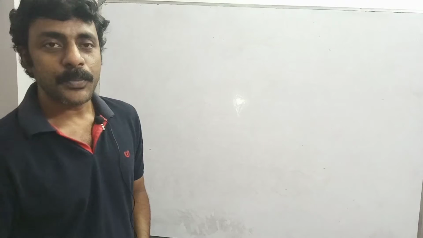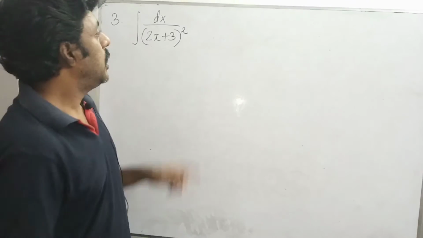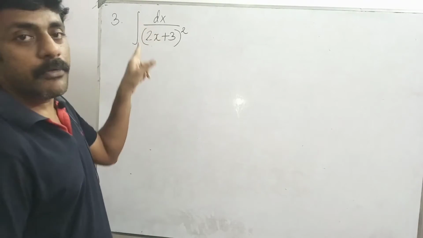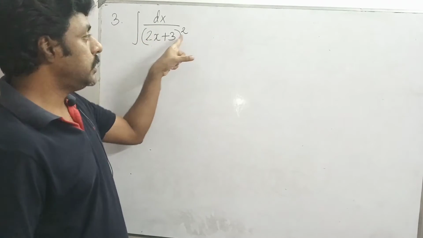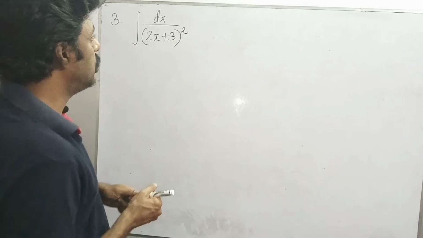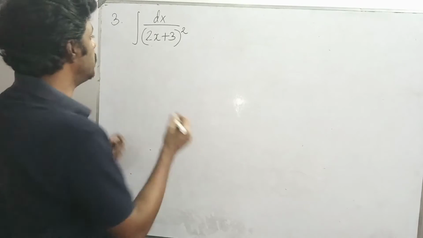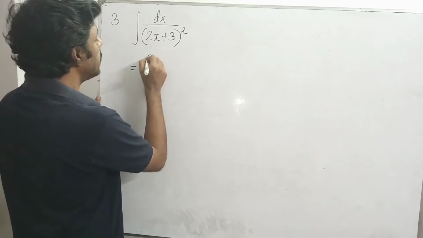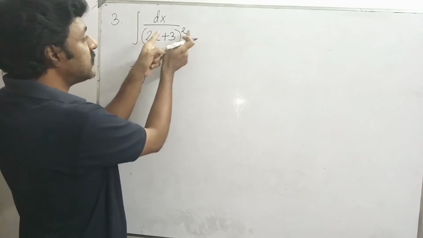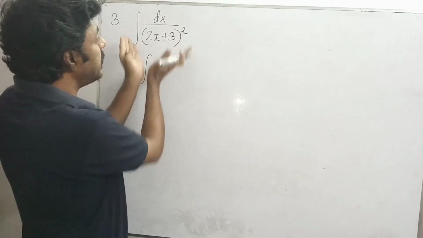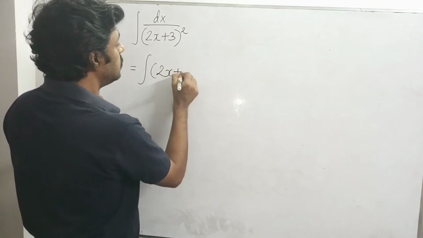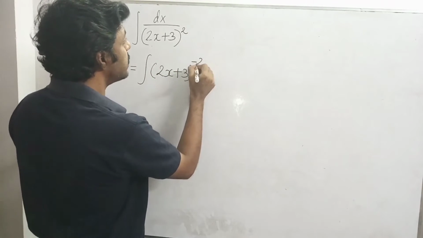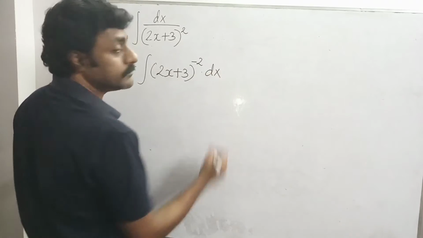So now let's get into problem number 3. In problem number 3, we have the integral of dx divided by (2x plus 3) whole square. So now what we need to do is write (2x plus 3) whole power minus 2, taken to the numerator, so it will be (2x plus 3) whole to the power minus 2 into dx.